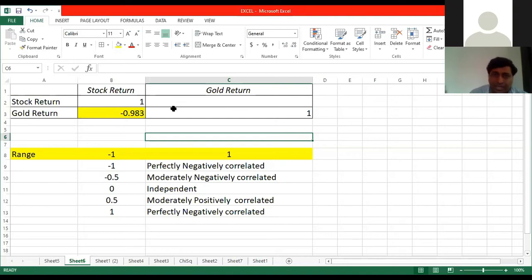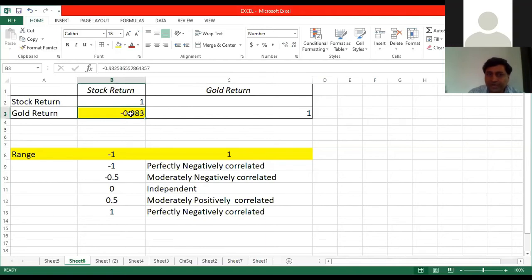And how much they are associated, whether they are strongly associated, loosely associated or moderately associated, this correlation coefficient value tells us, which is minus 0.982.